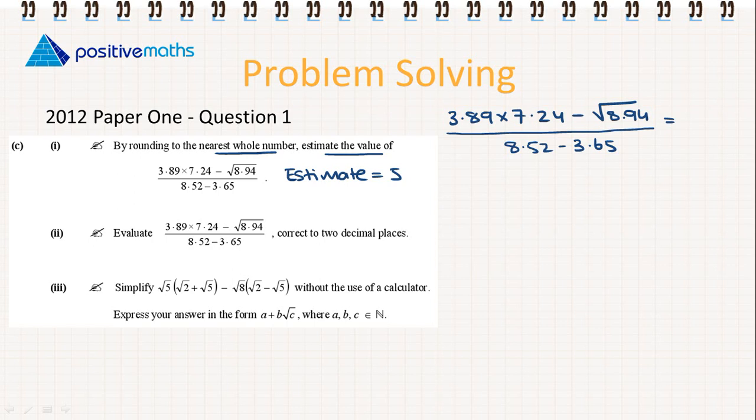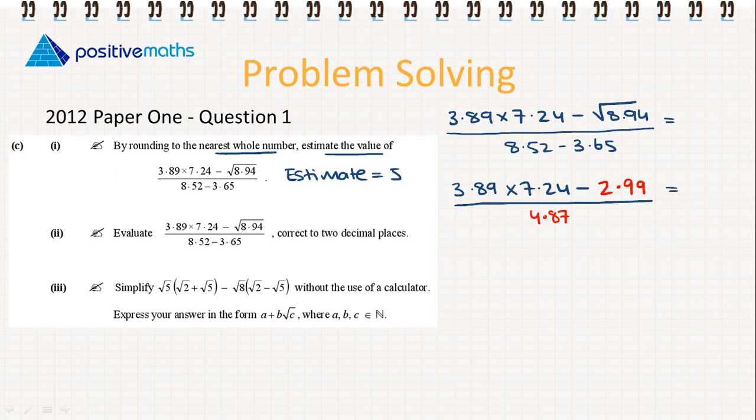So I'm going to do each step in a different color so we can see what order I'm performing the operations in. So I find the square root of 8.94 and I've subtracted 3.65 from 8.52.